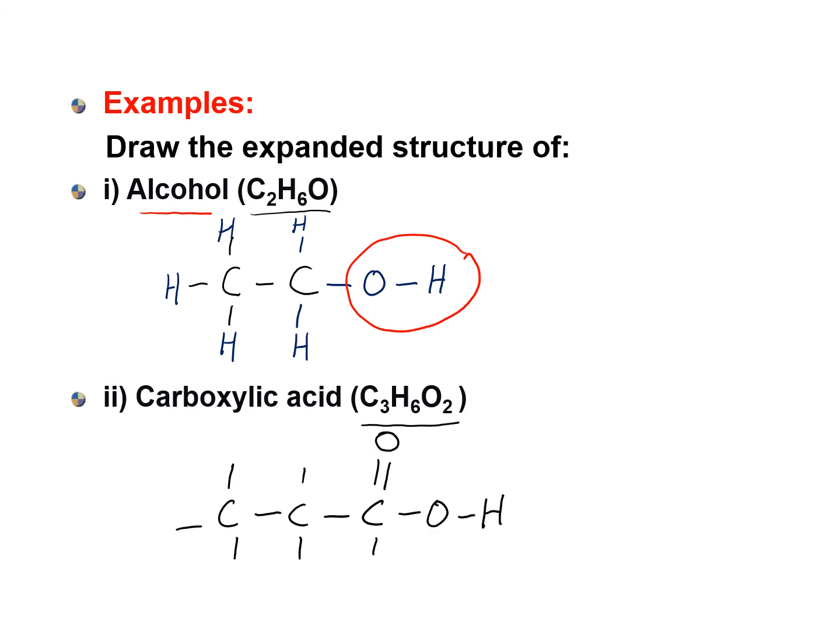So I need to erase one bond for this carbon so that we have 4 covalent bonds for that particular carbon. So we fill in with hydrogen. Here you will learn later on that COOH is the functional group for carboxylic acid.